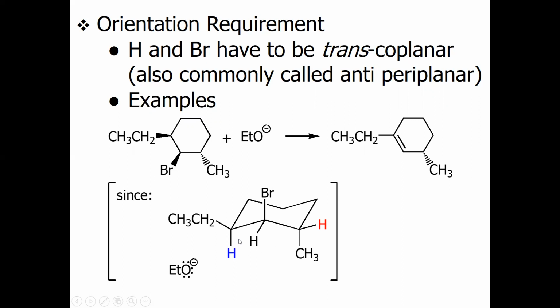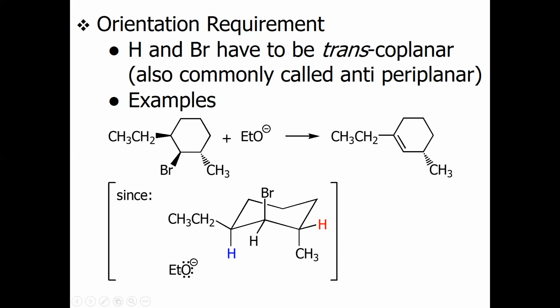And you can see here in the chair form of the cyclohexane, you have two types of bond, the axial bond and the equatorial bond. Axial bonds are basically perpendicular. You can see these are the axial bonds, and the bonds which are in the plane are known as equatorial bonds. Now you can see this bromine has two types of hydrogen, hydrogen in red and hydrogen in blue. Blue is anti-periplanar to this one.